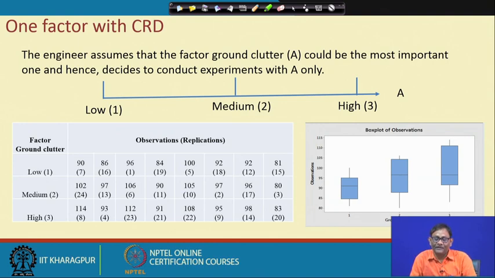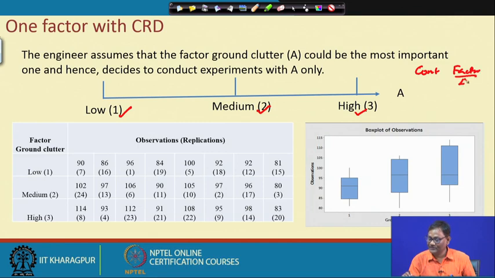So, it may be a situation that one factor is important and you want to do a one factor experiment. In this case, another important consideration is the level. Here we are saying low level, medium level, high level. Please keep in mind a few things. In the process model, controllable factors, so factor is very important.